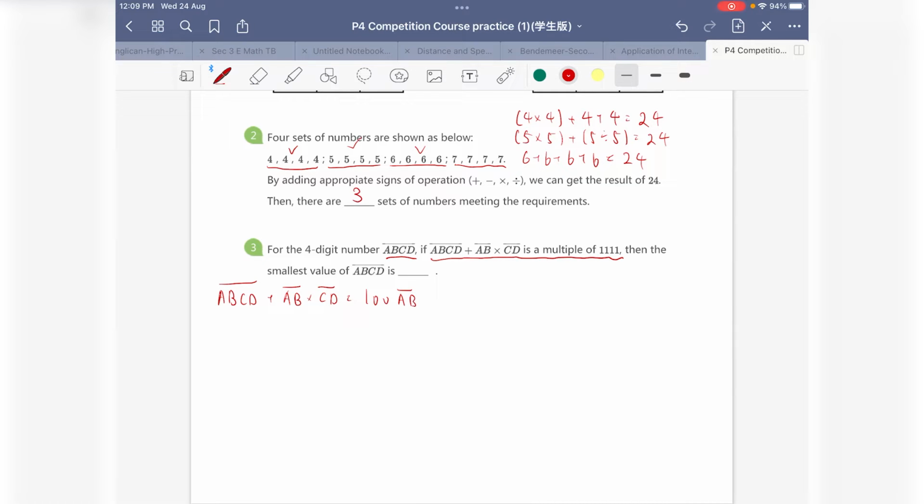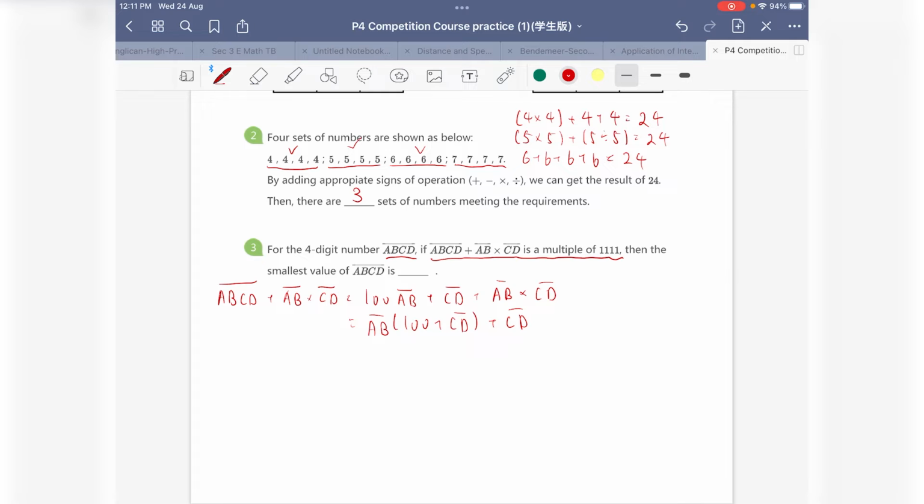We are going to split up ABCD into 2 components, plus CD, plus AB times CD. After factorizing, this is really just equal to AB times (100 plus CD), plus CD.